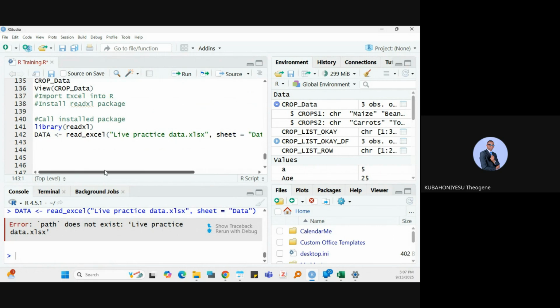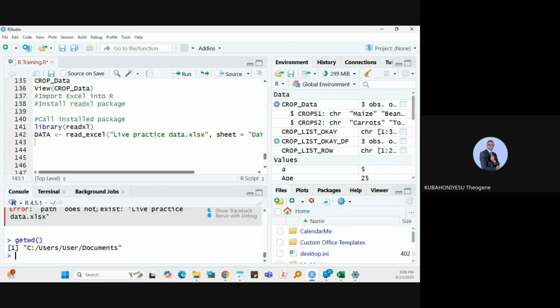Oh, I don't think it worked. Let me see the working directory. Maybe I changed the working directory.